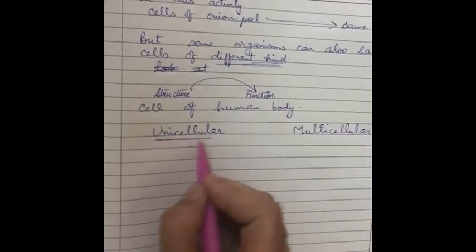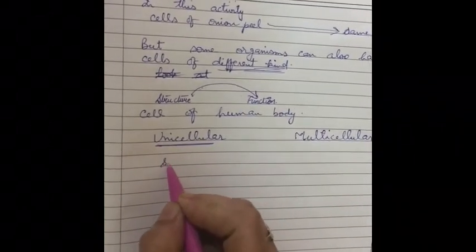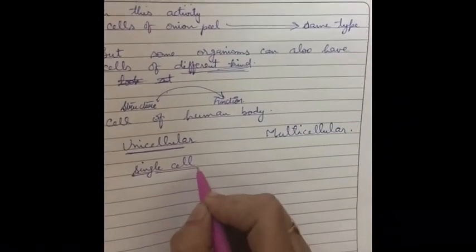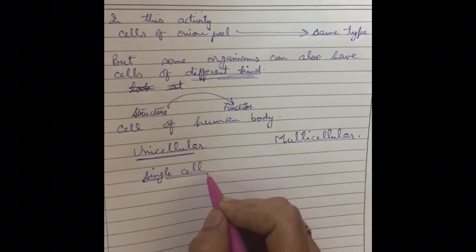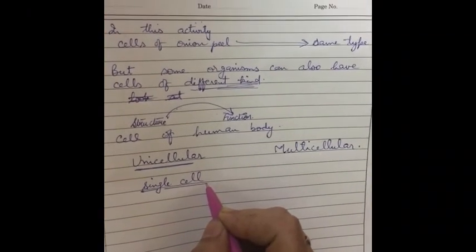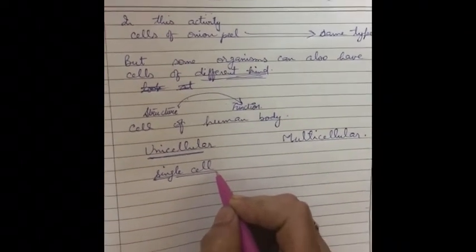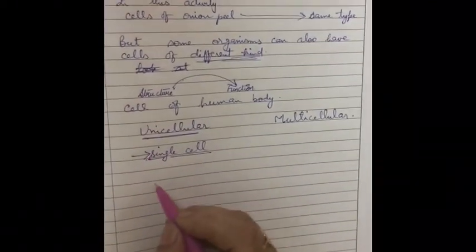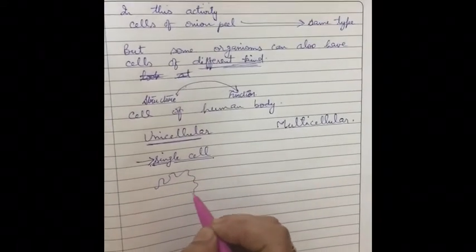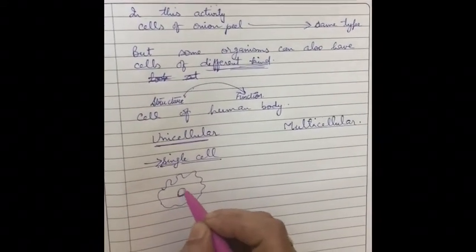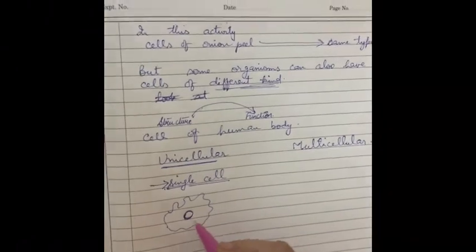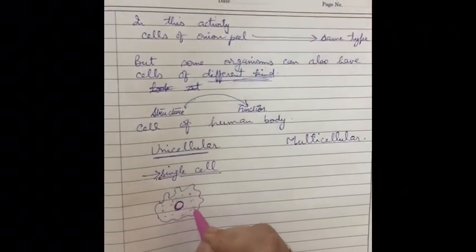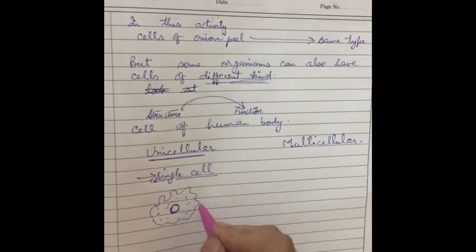The unicellular organisms have only a single cell in their body, and this single cell performs all the functions of the body, whether it is digestion or excretion or respiration or reproduction. They all are performed by this single cell. You must be knowing about the amoeba, that is a unicellular organism. It keeps changing its shape, and its body is made up of only a single cell, and it performs all the body functions by this cell only.